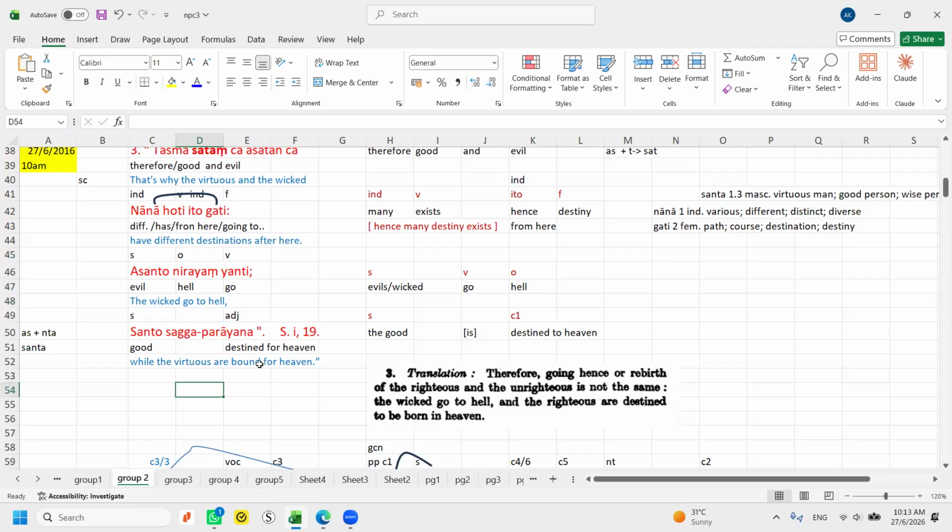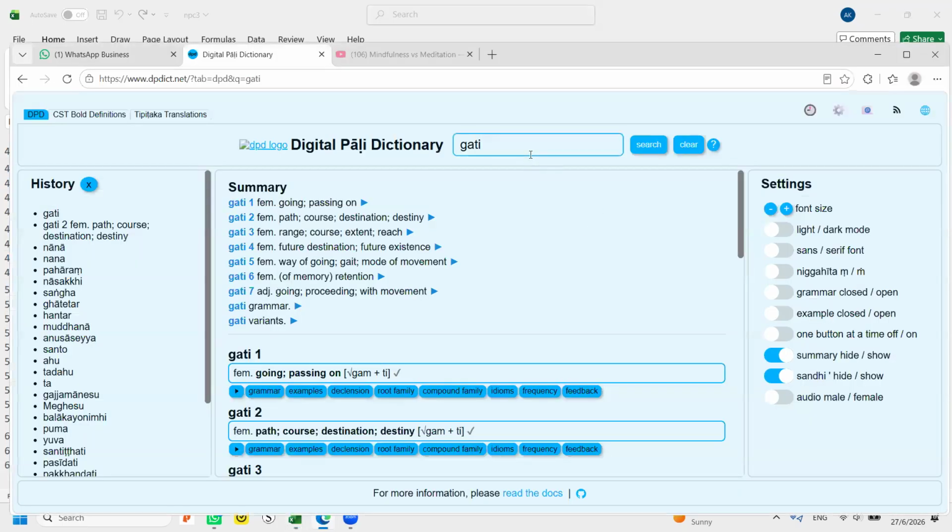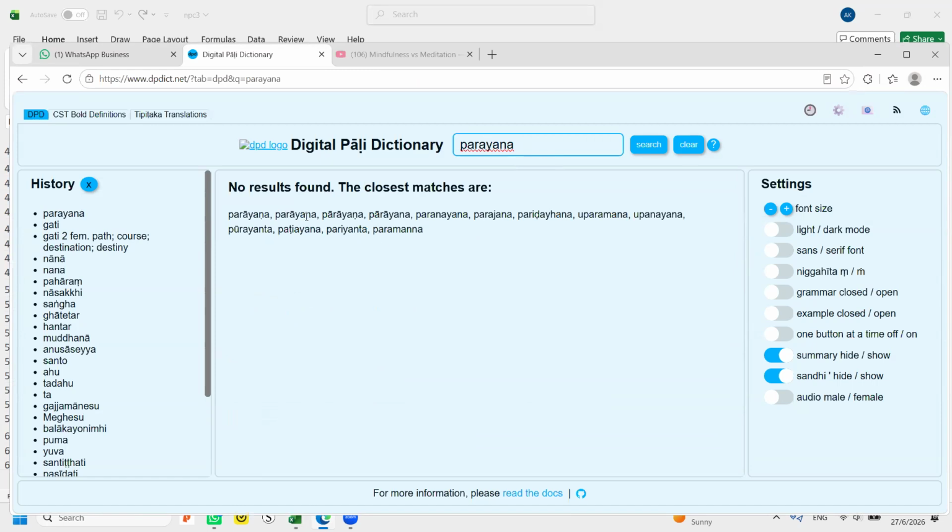Parayana, if you look at the word parayana, okay, this is the one, long A, parayana.